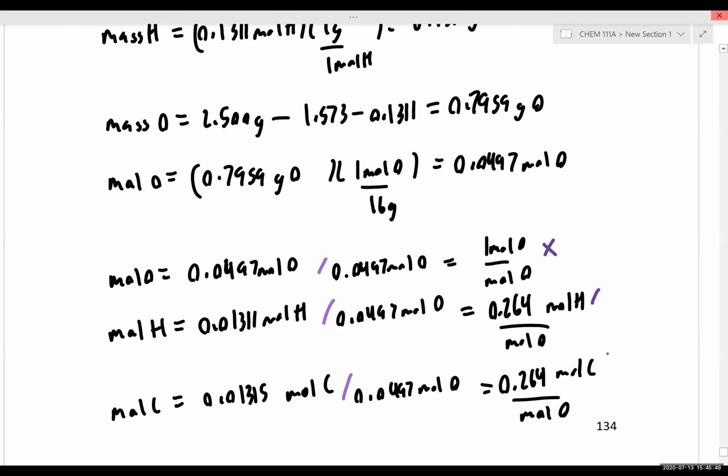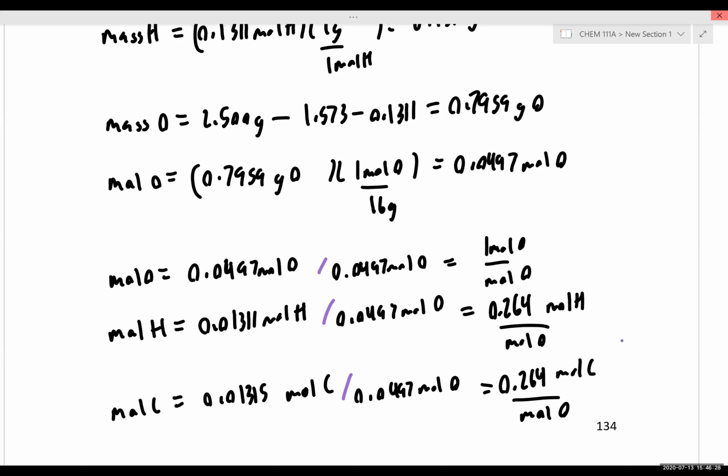We're going to have to find a whole number to multiply each of our coefficients by in order to give us non-zero numbers.